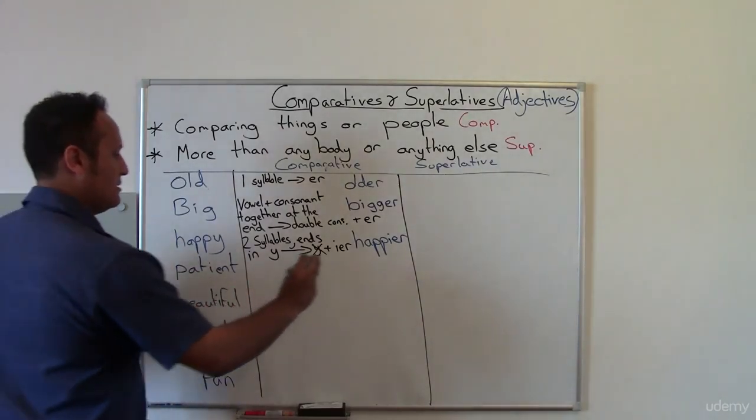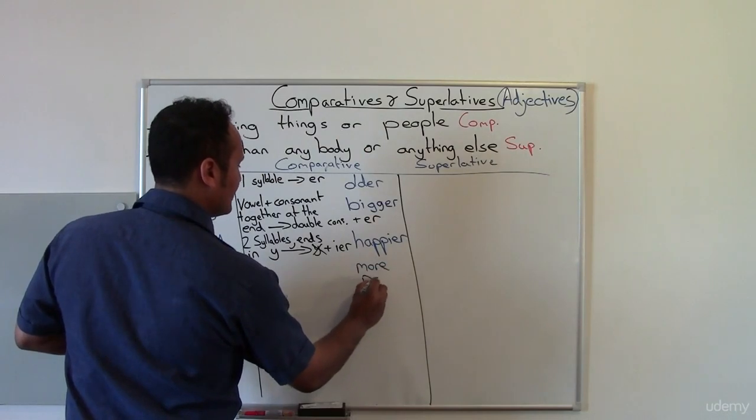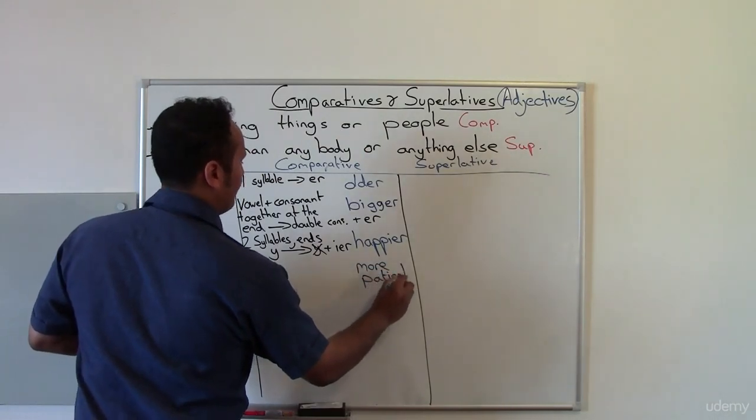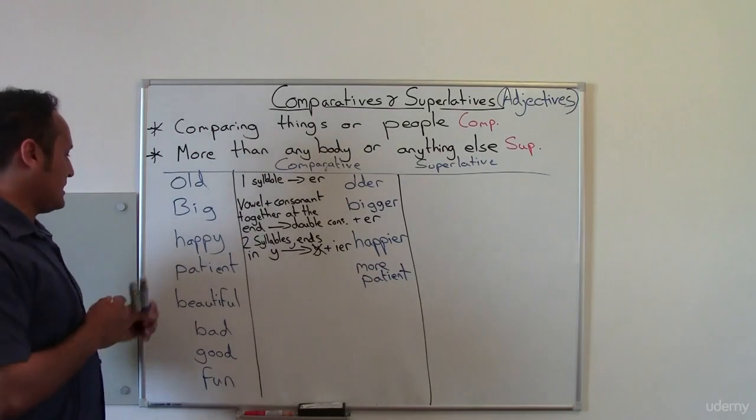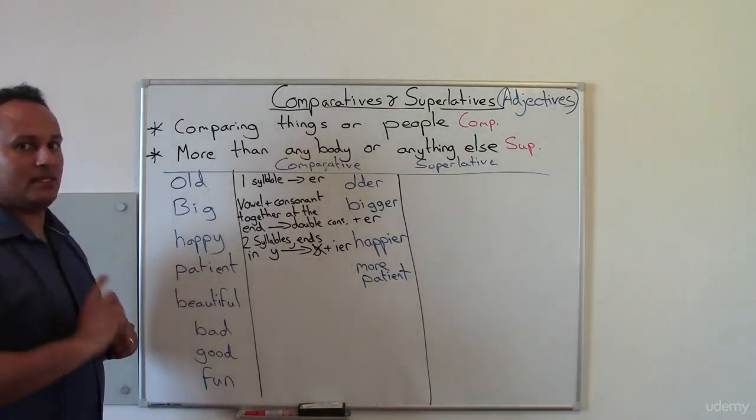The next one, patient. Patient becomes more patient. Well, again, why is that? Patient, two syllables. Like happy, but one difference.